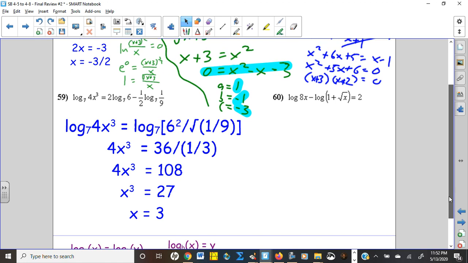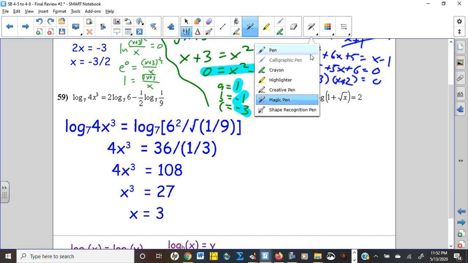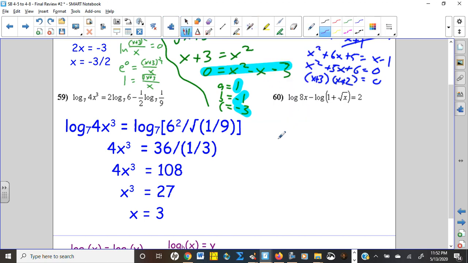60 is back to a problem that doesn't have logs on both sides. It just has logs on one side. So that means we're going to simplify it as much as we can, and then convert it into an exponential function. I'm subtracting the logarithm, so that means I'm going to divide the arguments.